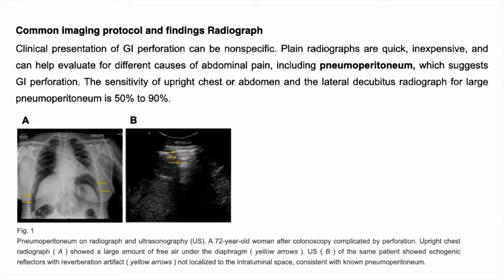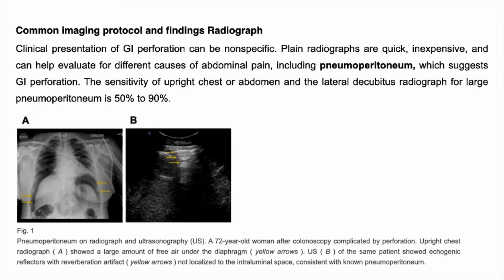Also, you have to take into consideration other differential diagnoses of pneumoperitoneum, like Chilaiditi syndrome, atelectasis, meteorism, and right subphrenic intra-abdominal abscess. So you have to take this into consideration.